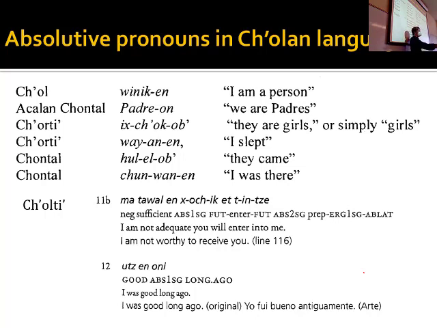And remember, this is our liaison, something we talked about, that in ta one of the vowels has to go. This is colonial orthography, so they're not very careful with glottals and anything. Tinse, into myself. Uts and oni, good me before. Like I was good a long time ago. Like I used to be good, not anymore. I'm not ready for the Holy Spirit.